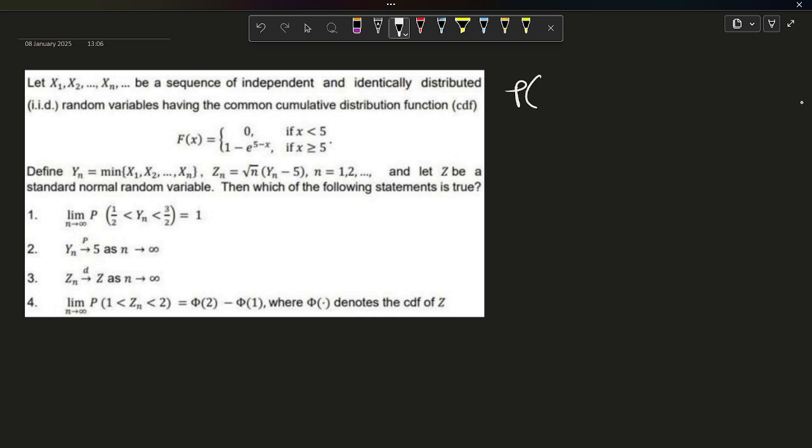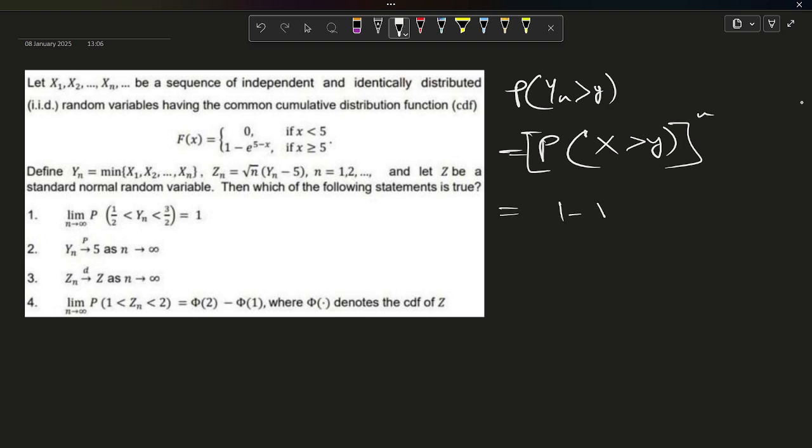So P(Yn greater than y) will be P(X greater than y) to the power n, which equals (1 minus F(y)) to the power n.